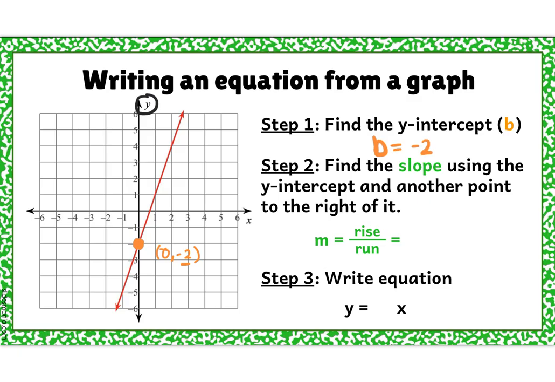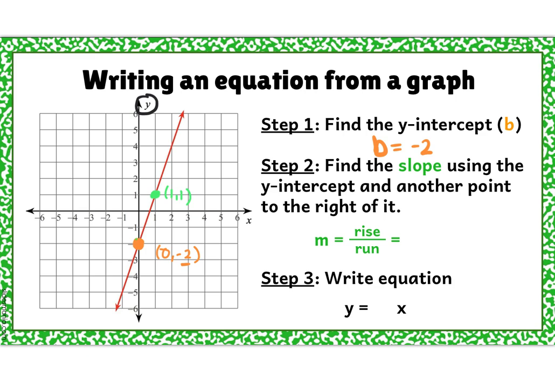Then I'm going to find another point on this graph in order to try and find the slope. Now, usually I just go to the right and find the nearest corner of a box because that's going to ensure it's a nice whole number. So the point (1, 1) is going to give me a nice coordinate. So I'm just going to count the rise over the run.